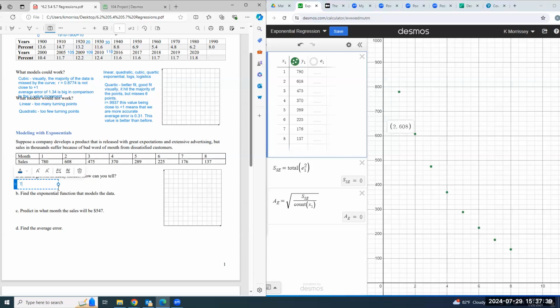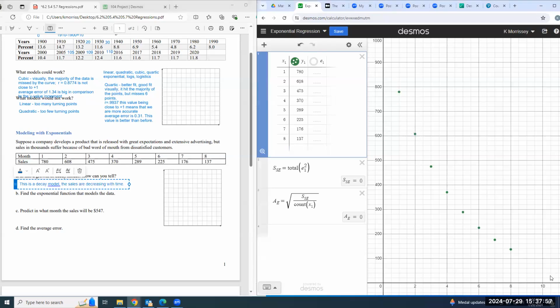So this is a decay model, and because it says, how can you tell? The sales are decreasing with time. So over the monthly period, we are decreasing in our sales.